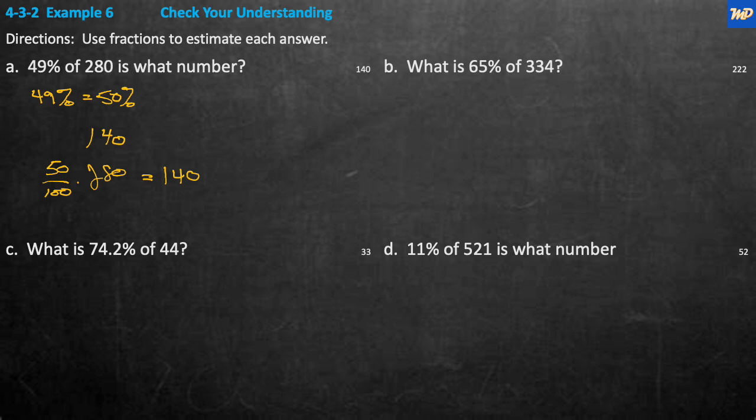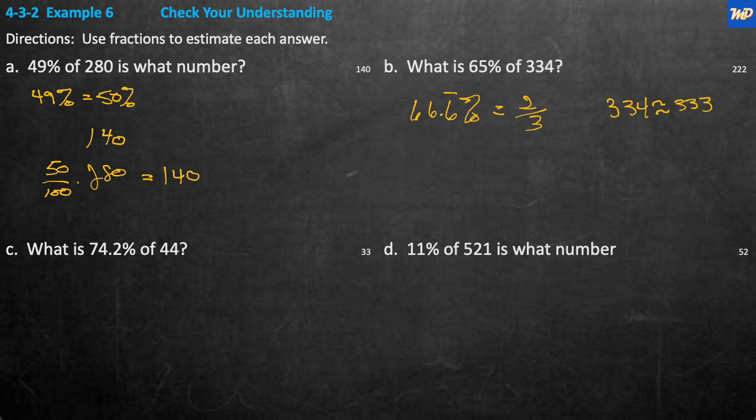So going back onto this, 65% is approximately 66.6 forever percent, which is equal to 2/3, right? So we have 66.6% is 2/3, and we're going to change 334 into something that fits easily with 2/3, which is approximately 333.